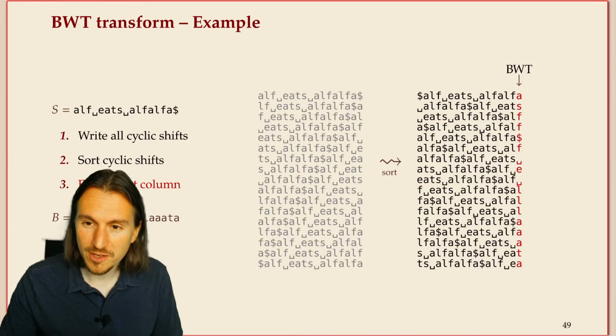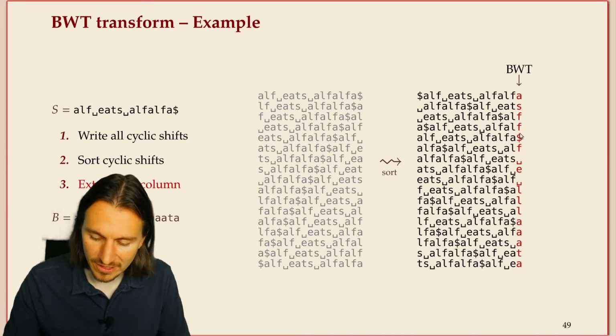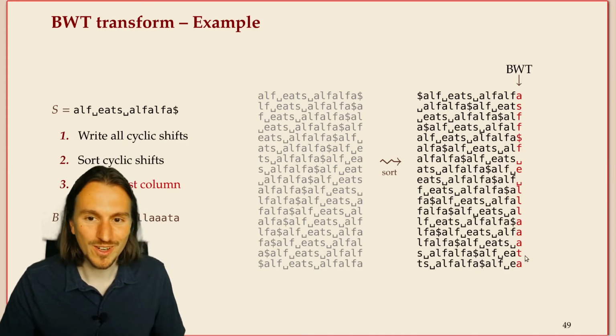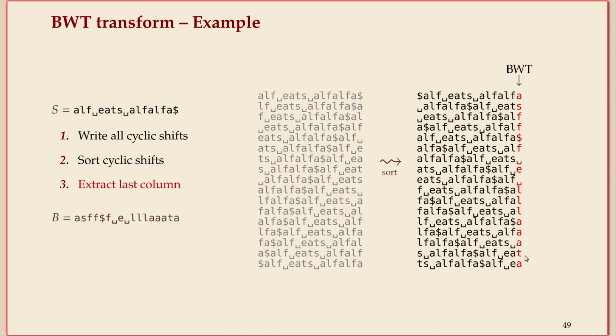But the only thing we really take from this picture is the last column of this sorted list. So you read this column top down, and that is the Burrows-Wheeler transform of this text. And if you look at this gibberish, it's not at all recognizable where this came from. It looks quite different and quite weird.